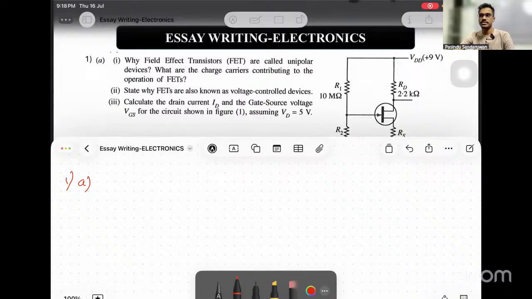When it comes to unipolar transistors, uni means one. Here, only one type of carrier, either electrons or holes, contributes to the operation of FETs.